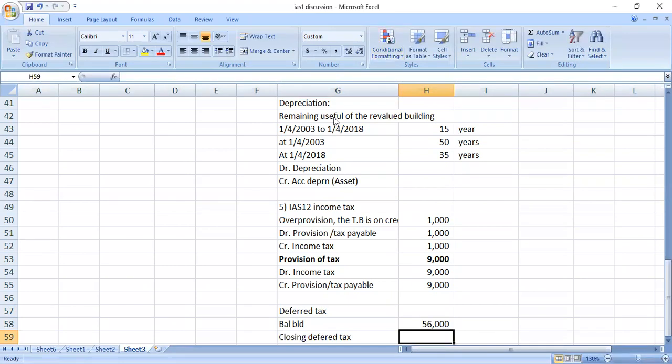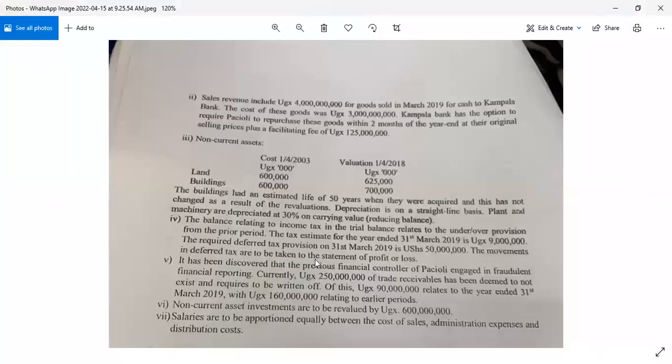The note says that the required deferred tax provision on 31st March, the closing date, is 50. So meaning that this deferred is supposed to be revised to 50. And they're saying that the movement is to be taken to statement of profit or loss.